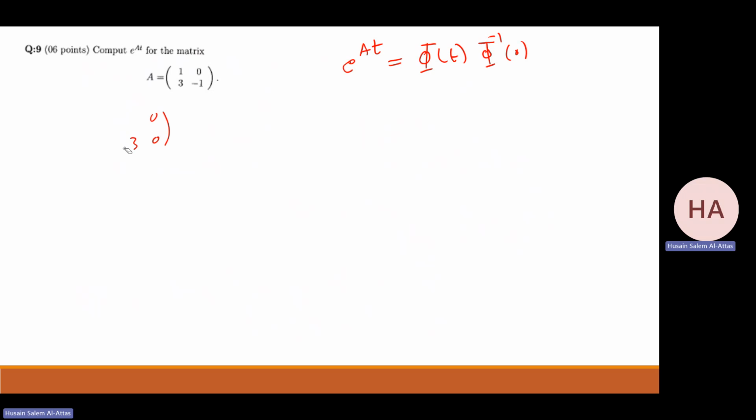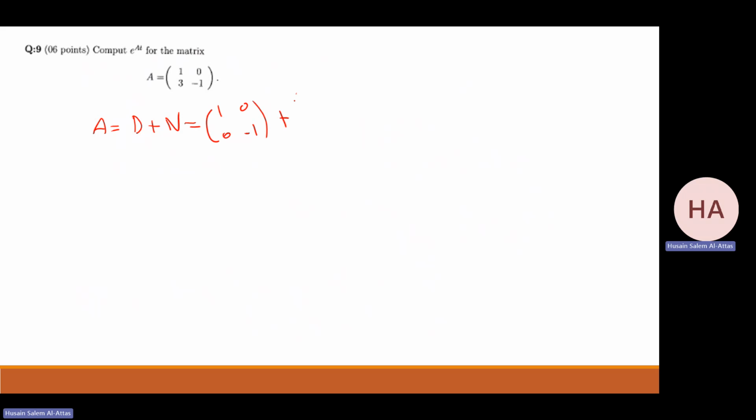Is it diagonal? Okay, so this can be written as D plus nilpotent. No need to do it through this, I think. Let me check. That will be [1, 0; 0, -1] plus [0, 0; 3, 0].